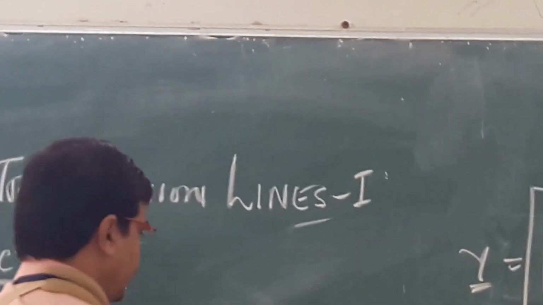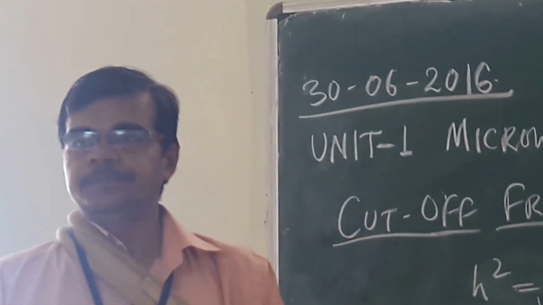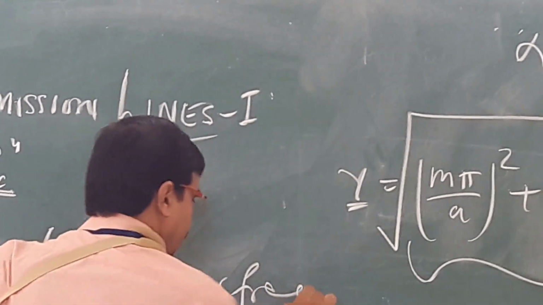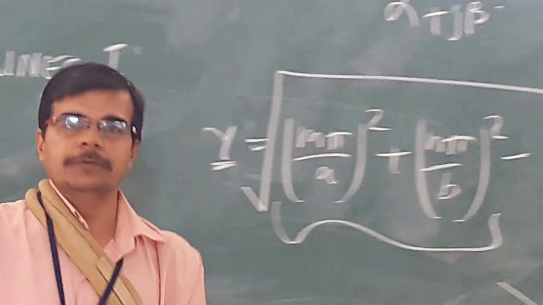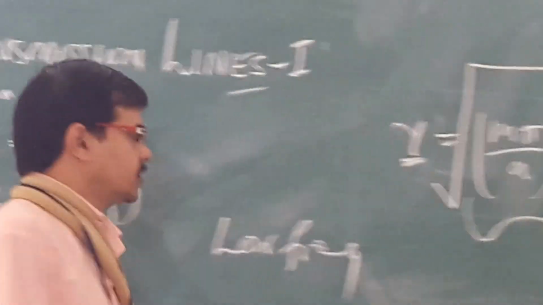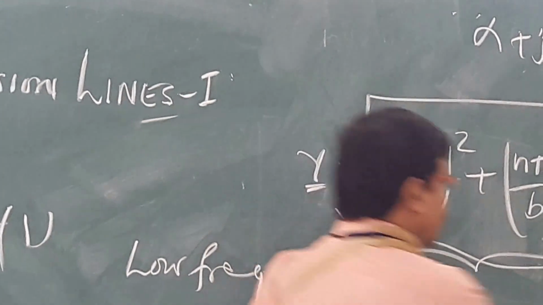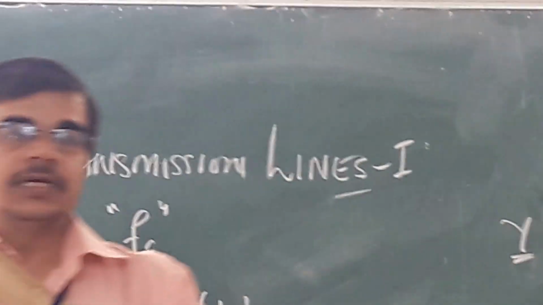Here, when I am going for low frequency signal, during that time this term is greater than this one. Whatever you are having this term, this is greater than your this term in case of your low frequency.